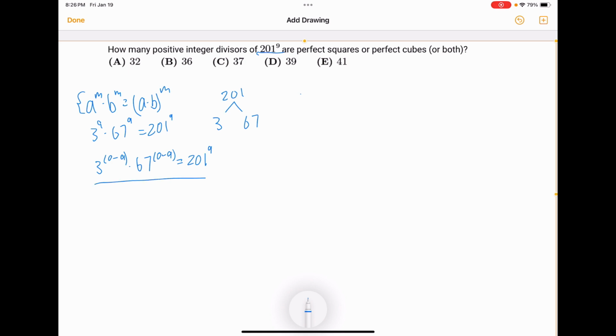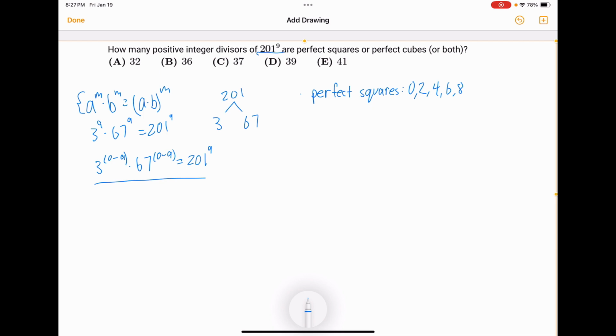So these are all of the possible combinations, but the question is only asking about perfect squares, perfect cubes, or both. So starting off with perfect squares. The exponents of a perfect square must be even, and because the range is 0 to 9, the exponents of 3 and 67 for perfect squares must be either 0, 2, 4, 6, or 8.